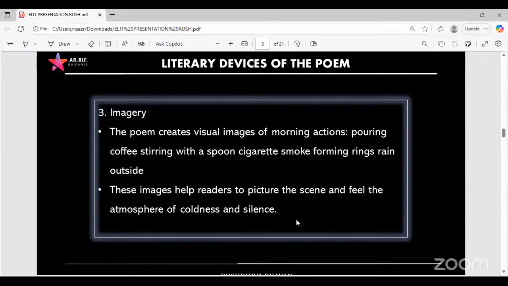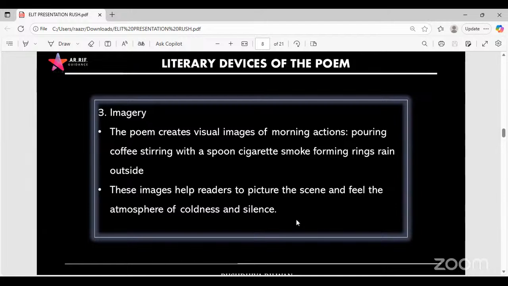Now this stanza, the cold, the distance: the poet does not show anger or loud emotion. Instead, the tone is quiet and passive, which makes it more painful. So the man's behavior feels uncaring and disconnected. He is not physically hurting anyone, but he's emotionally absent.